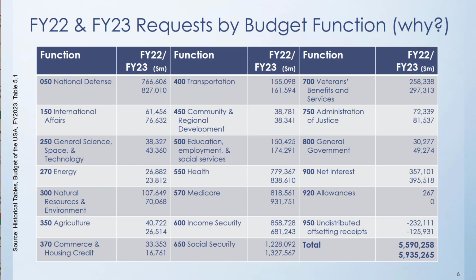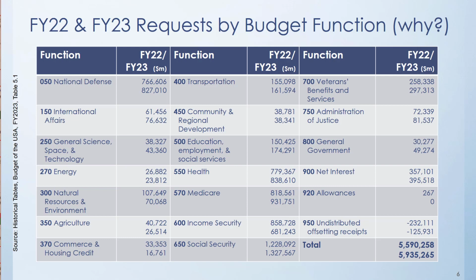What's shown are the budget requests for fiscal year 2022 and 2023 to give you a sense of scale among these various functions of government. The total being about $5.5 to $6 trillion.